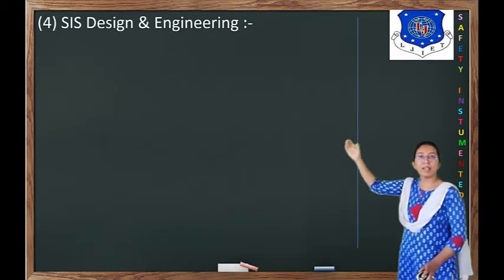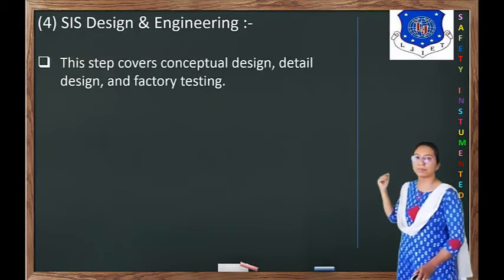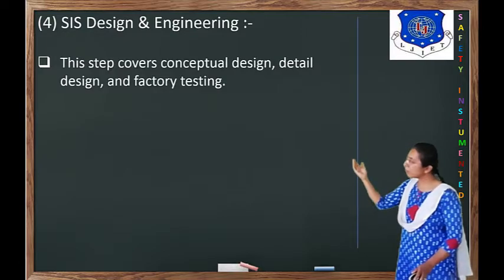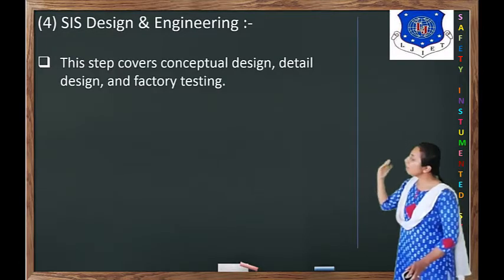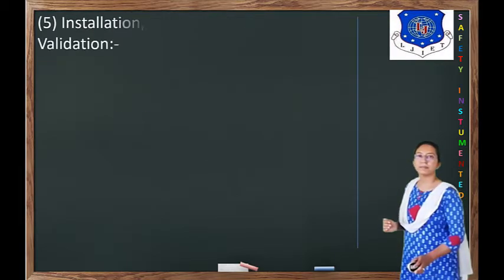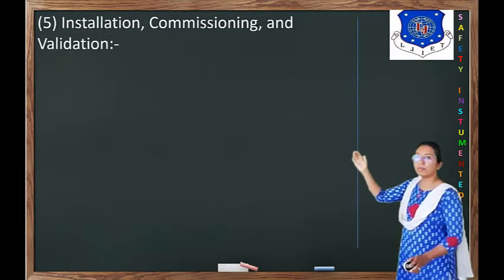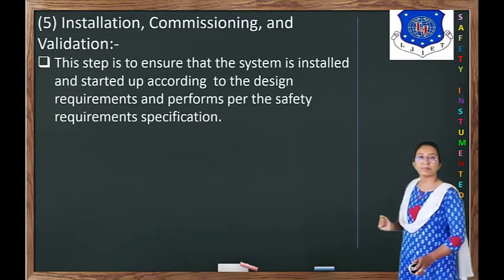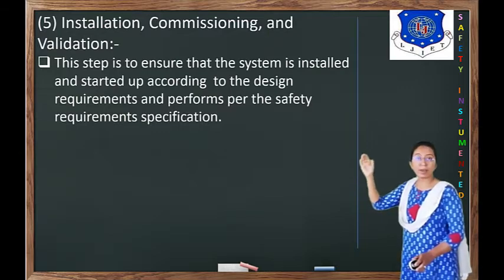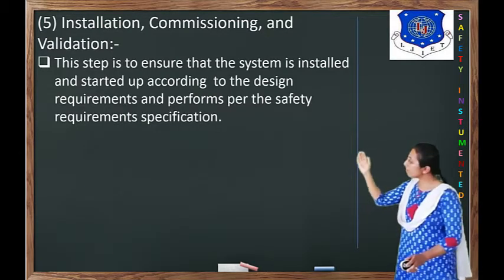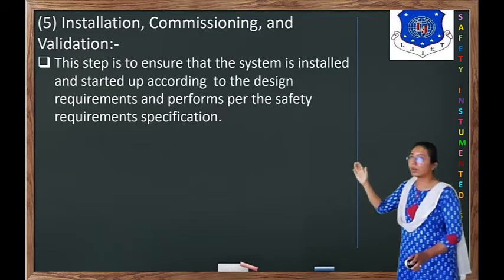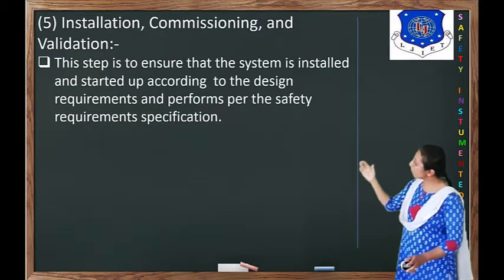Number 4, SIF design and engineering. This step covers conceptual design, detailed design and factory testing. Number 5, installation, commissioning and validation. This step is to ensure the system is installed and started up according to the design requirements and performs per the safety requirements specifications.